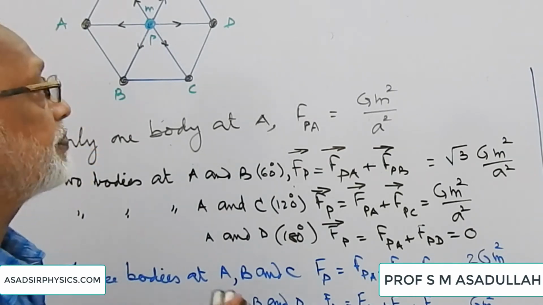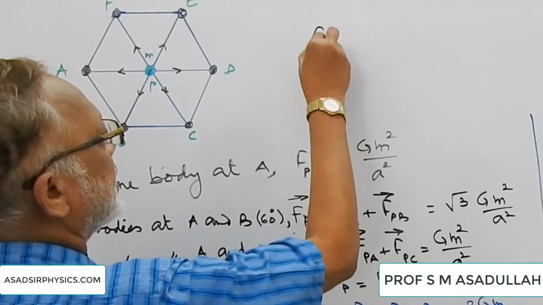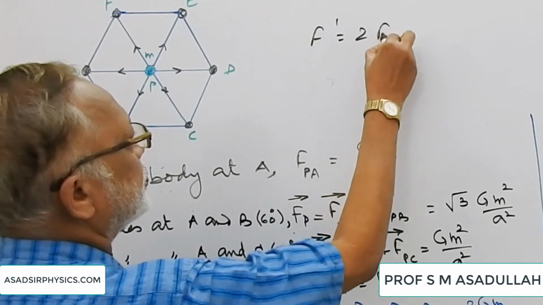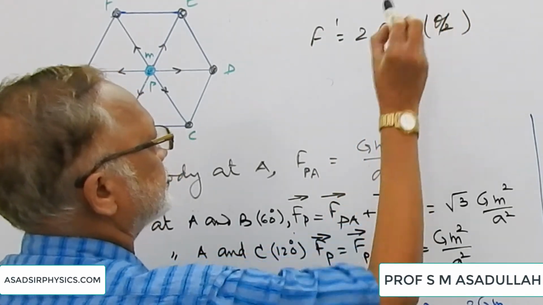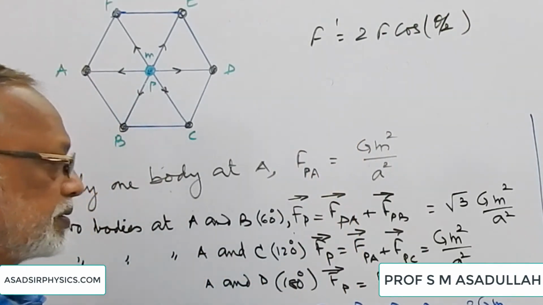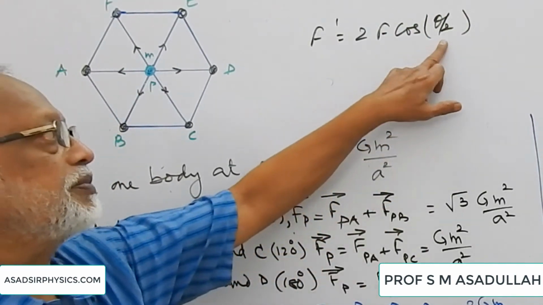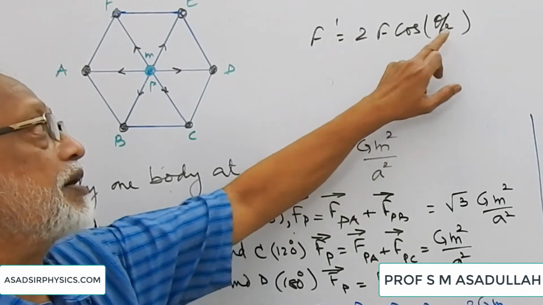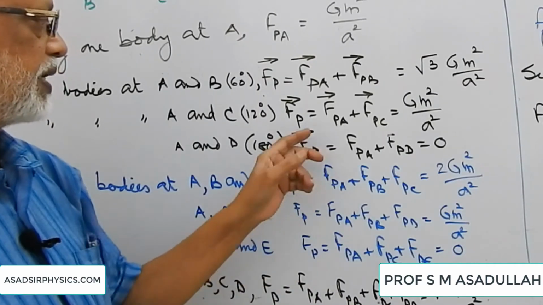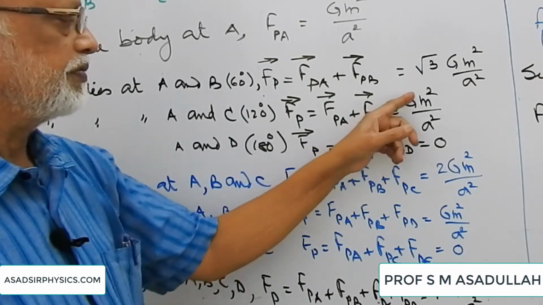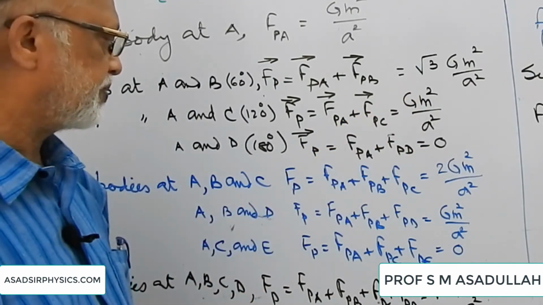The basic formula is F dash equals 2F cos of theta by 2. If it is 120 degrees, 120 by 2 is 60, cos 60 is half, half into 2 cancels, so F dash is equal to F. So the answer is just F, which is GM square by A square.